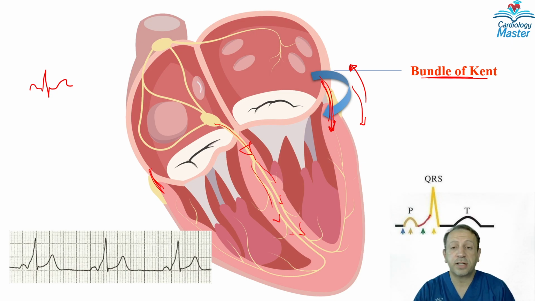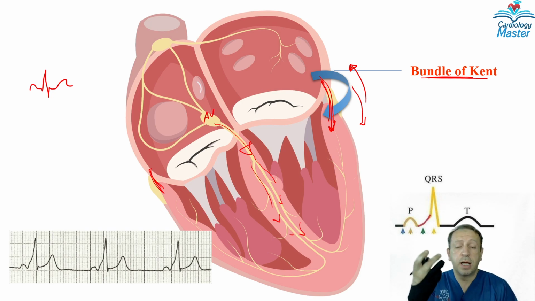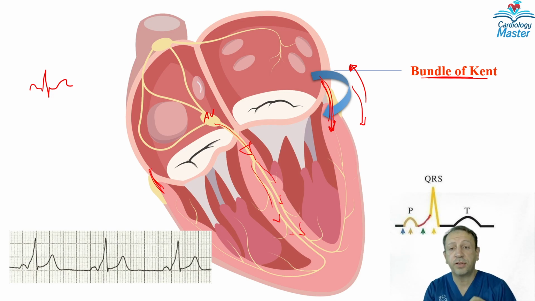When this accessory bundle is present, what will happen? We said that the AV node has decremental properties and slows down the conduction from the atria to the ventricle. But the bundle of Kent does not have these decremental properties, so there will be an area of the ventricle that will depolarize first, and this depolarization will appear on the ECG like this, as you can see here.